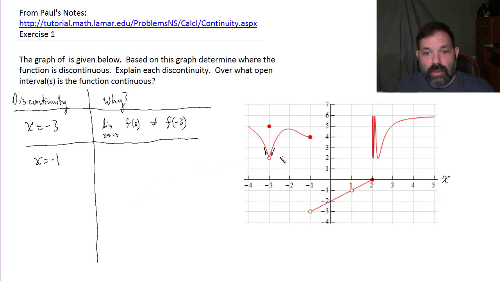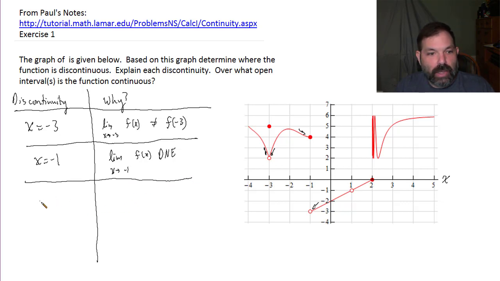At x equals -1, if we look at the limit from the left and from the right, we see that they are different numbers. The limit as x approaches -1 of the function does not exist. So therefore it cannot be continuous at that point.